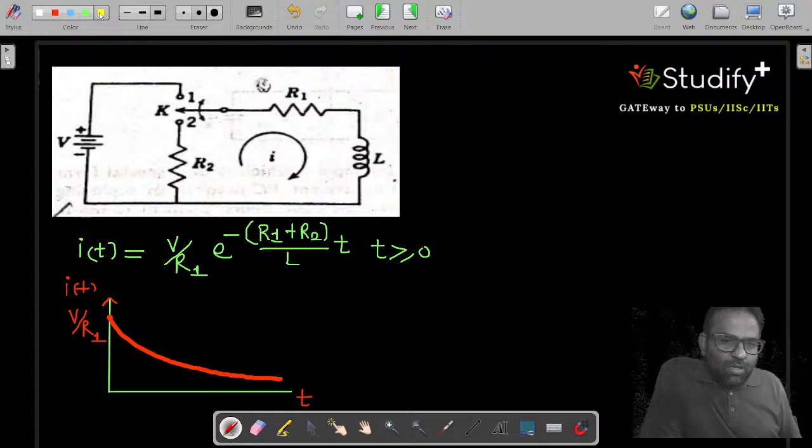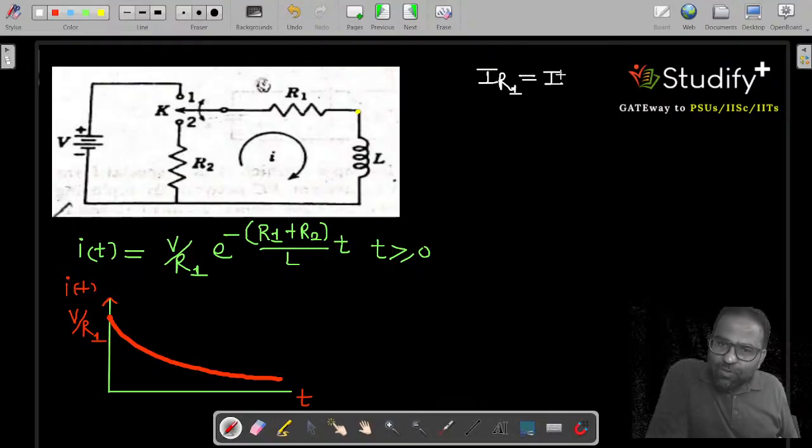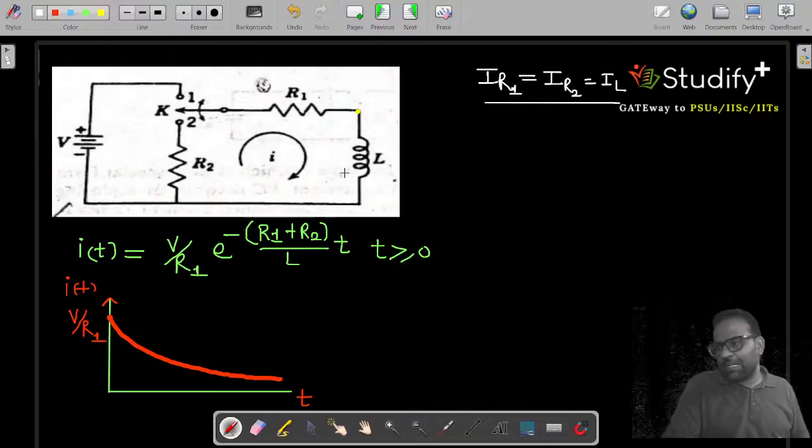Now we can draw the potential across the inductor also. So this is the current across the inductor, and suppose we want to analyze this circuit. Can I say the current across R1 is equivalent to the current across R2 is equivalent to the current across IL, because all the components are connected in series.